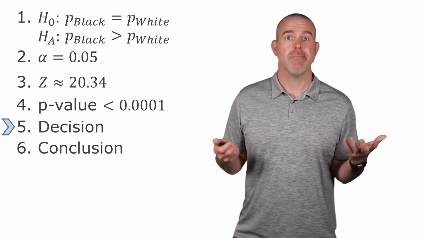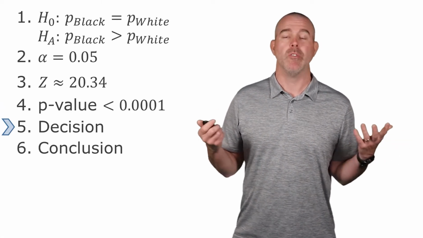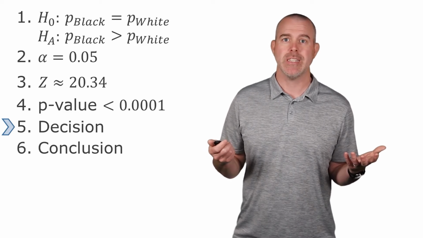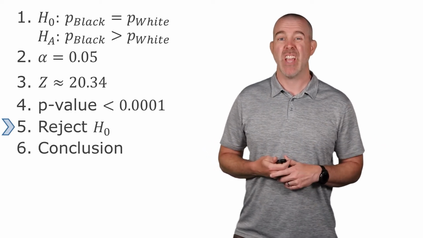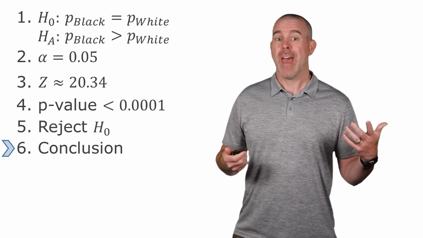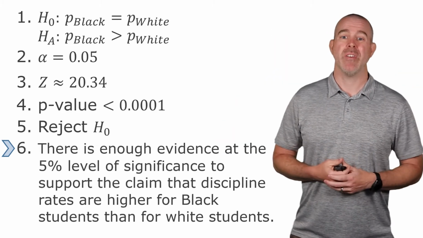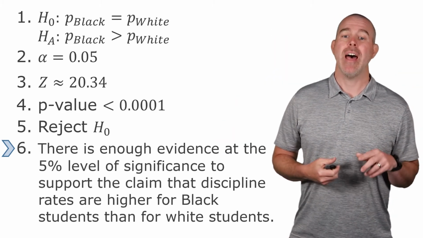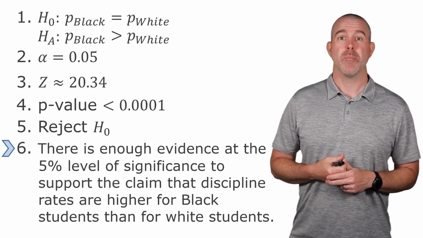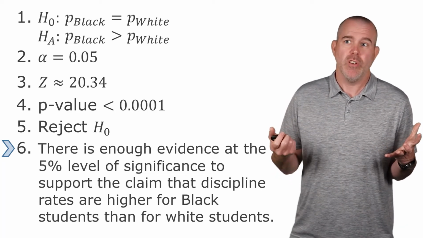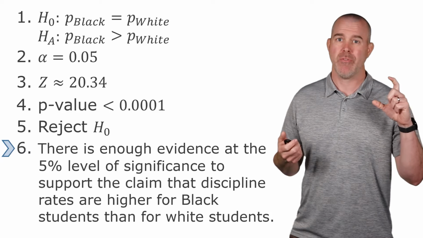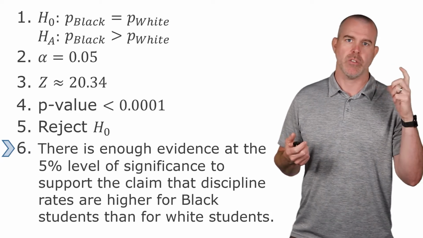Our decision: we got a super small p-value and a really large test statistic, so we are going to clearly reject the null hypothesis. That means there is enough evidence to support the claim that the discipline rates are higher for Black students. And that should have been pretty obvious because the difference was really large to begin with.